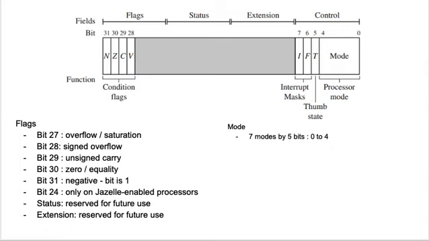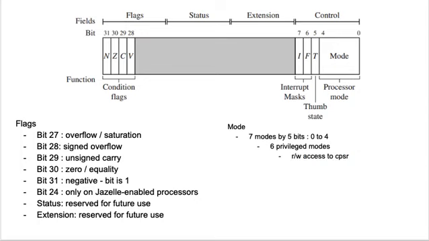For the mode, the last 8 bits, from 0 to 7, are the control bits. From those 8 control bits, the 5 bits from 0 to 4 signify the modes.